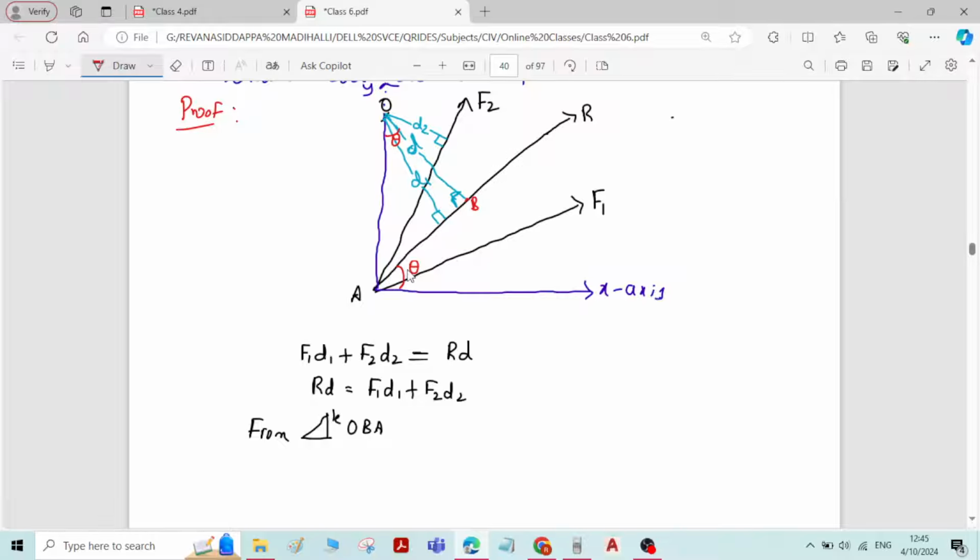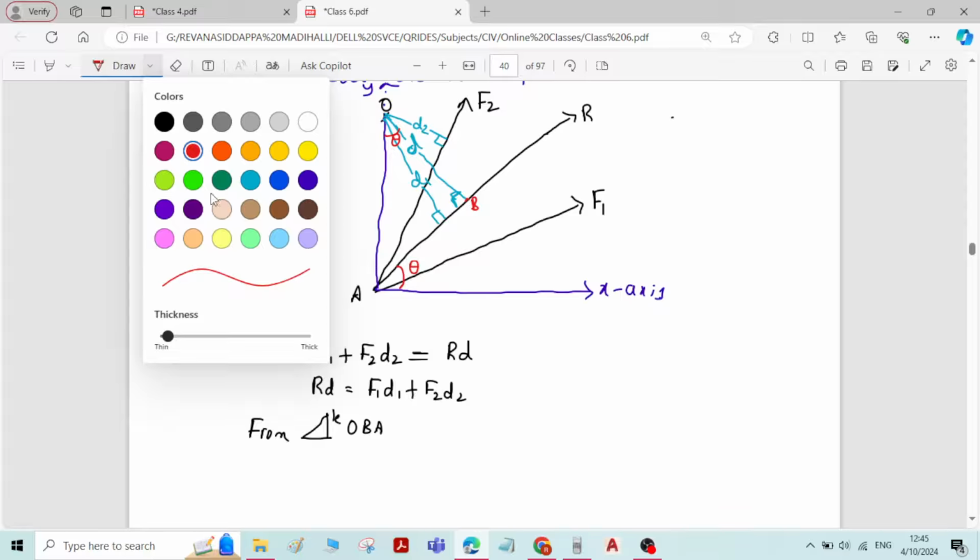You may get the question of how both the angles are equal. Let me give you a simple numerical example. Assume that this angle theta is 30 degrees.